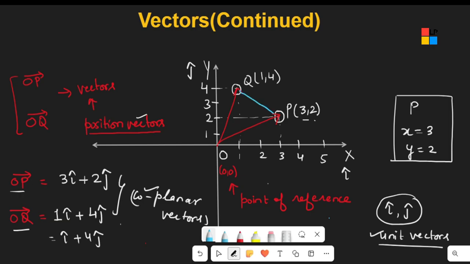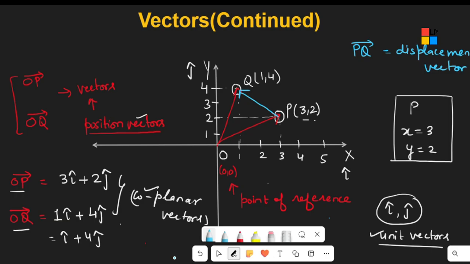If I draw one more vector from P to Q, this vector will be called the PQ vector, and the PQ vector here is the displacement vector.